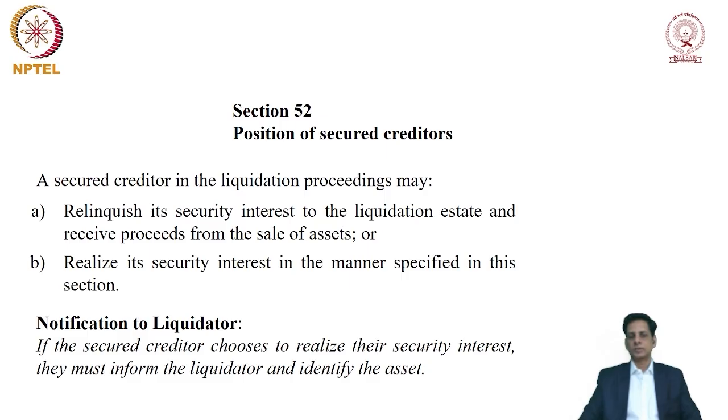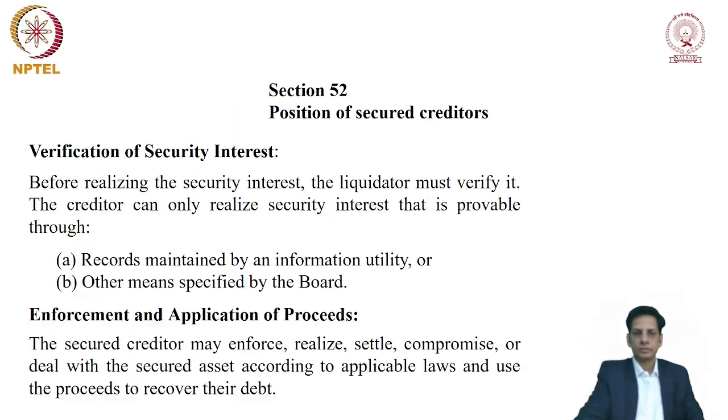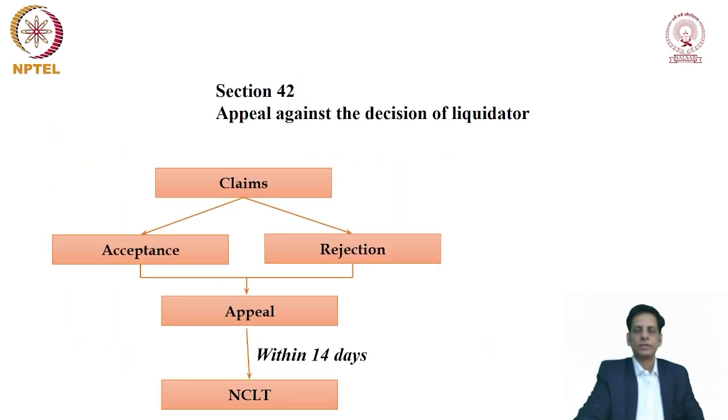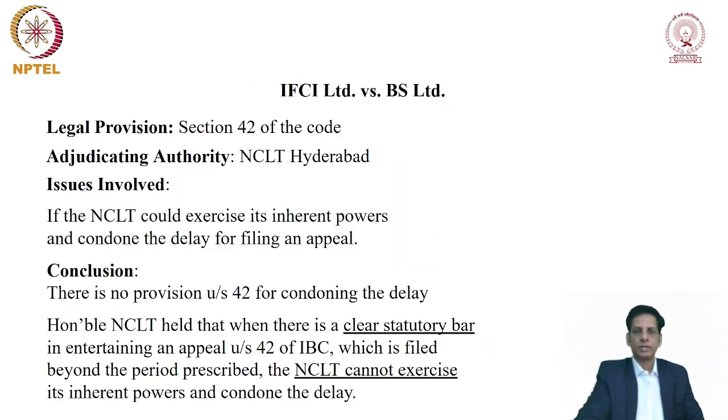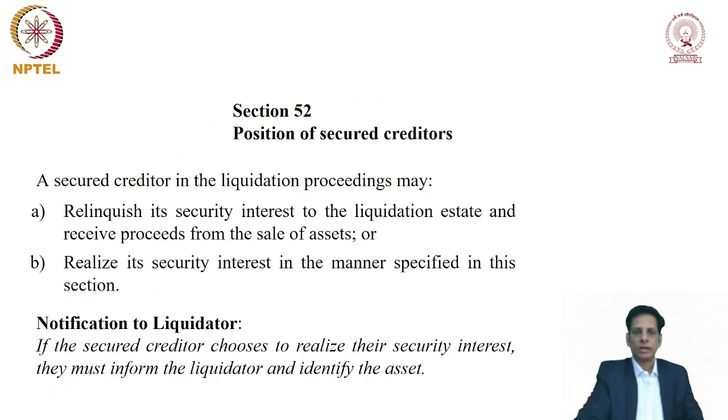After section 42, I have jumped a few sections and come to section 52. Let me go back to the previous section that we have covered. We have covered section 42. We have covered a case. After that, we are straight away moving to section 52. I have skipped a few sections in between for a reason. The reason is simple.